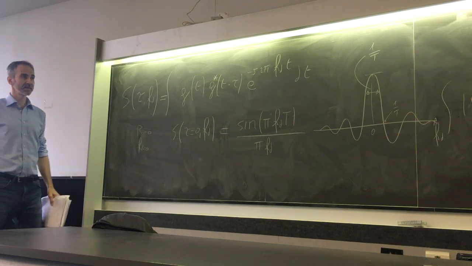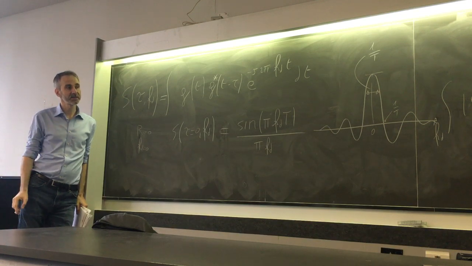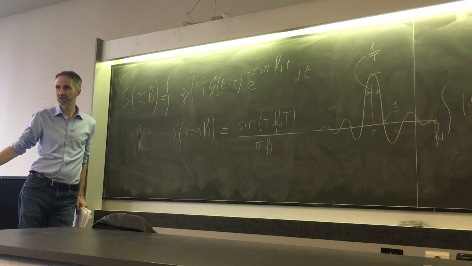So this lobe gets narrower and narrower as the length of your pulse increases. Easy, no?